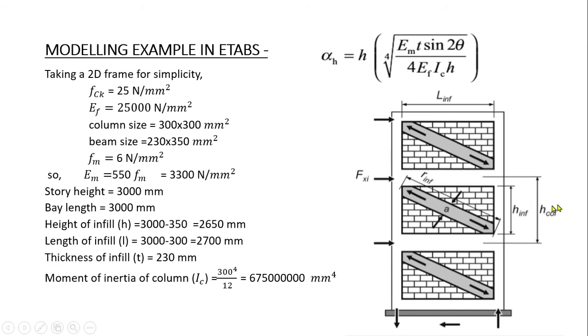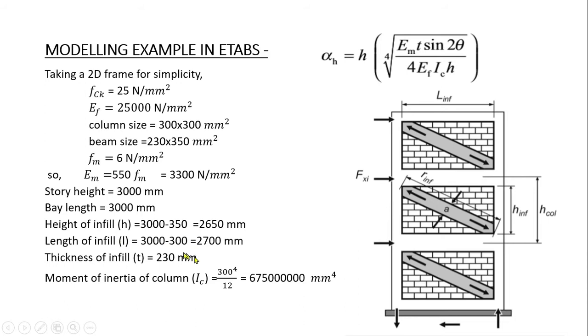Our story height is 3000 mm, and the depth of beam is 350, so we deduct this to get h infill.